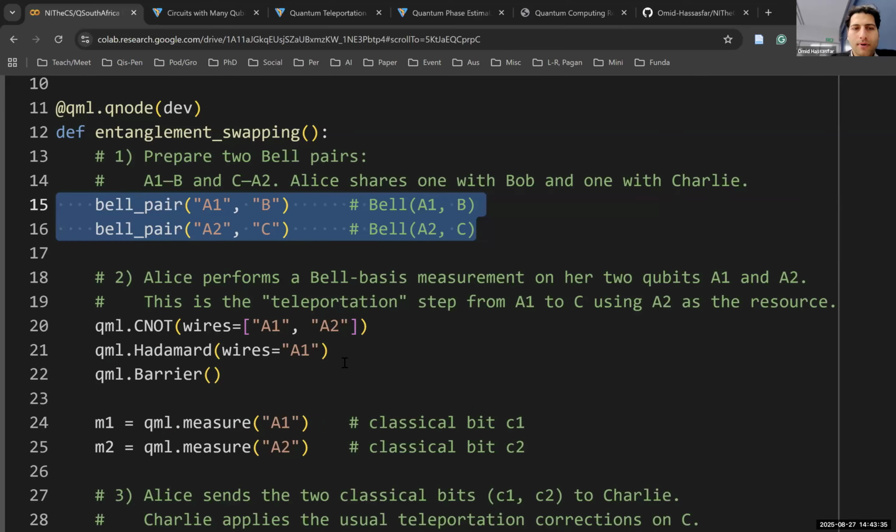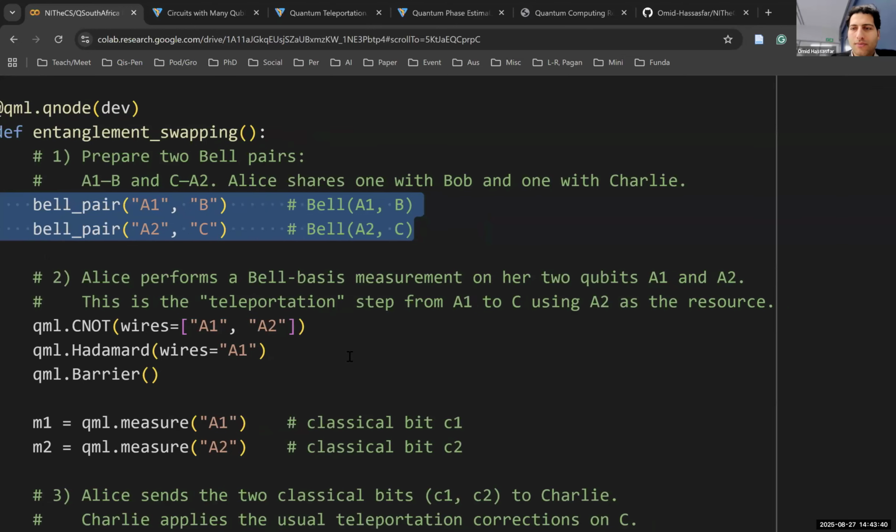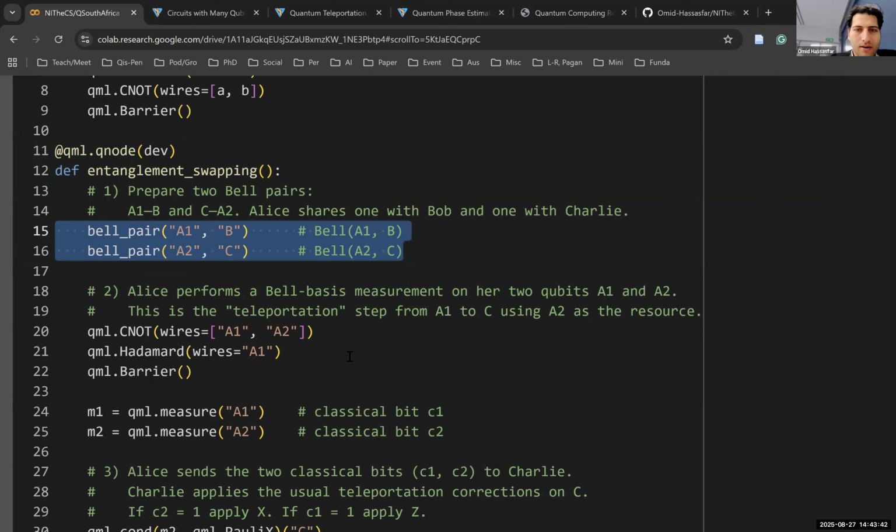Here, Alice performs a CNOT, Hadamard, and measurement. It is very similar to teleportation. I will show you the 2 circuits close to each other. Alice created an entangled pair with Bob, and another entangled pair with Charlie, and then Alice applied CNOT and Hadamard to her own qubits, not to other qubits.